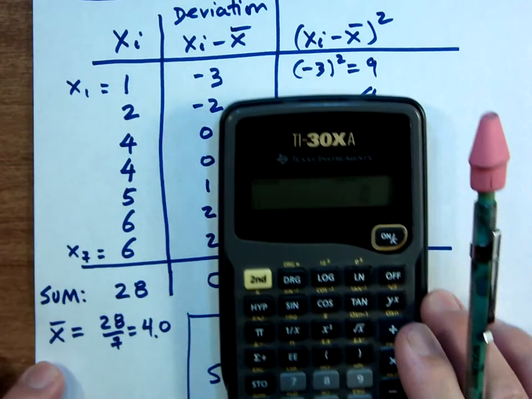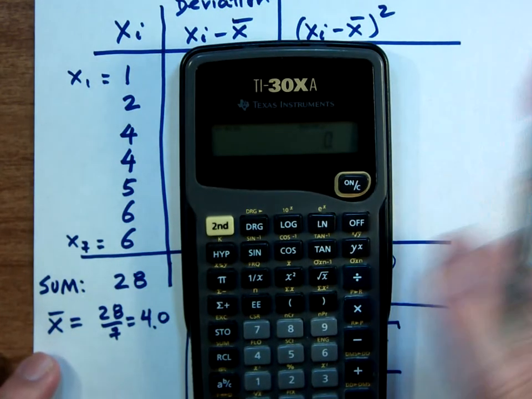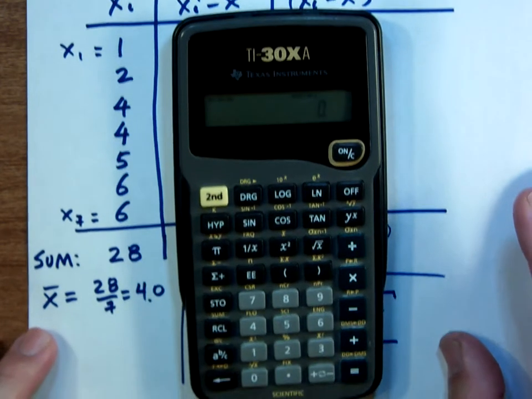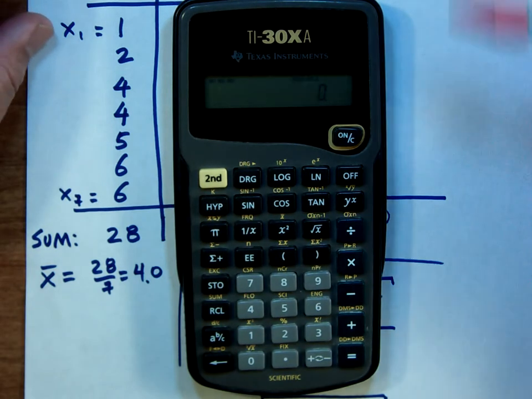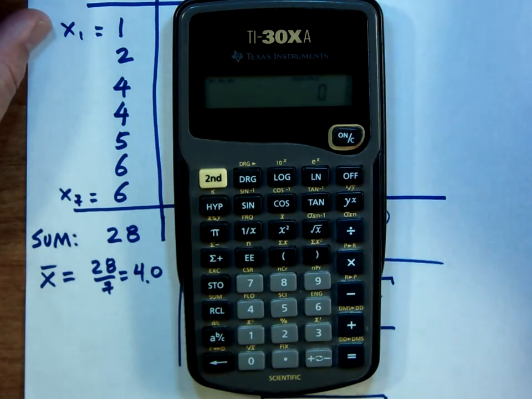One of the important things you need to do, whenever using a calculator, is to make sure that there is no data already stored in the calculator. That could happen if you or someone else were using this calculator to compute some statistical measures and did not delete the data.